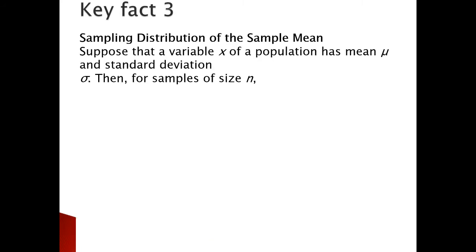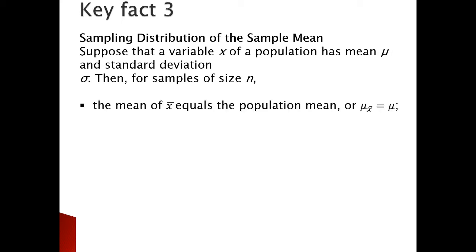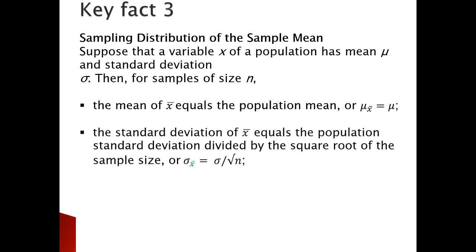Now we are going to see key fact 3. If the population variable is x, mu is our mean, sigma is the standard deviation, and the sample size is n, then the first point is that the population mean equals the mean of x bar. The second indicates that the population standard deviation divided by square root of n equals the standard deviation of x bar.